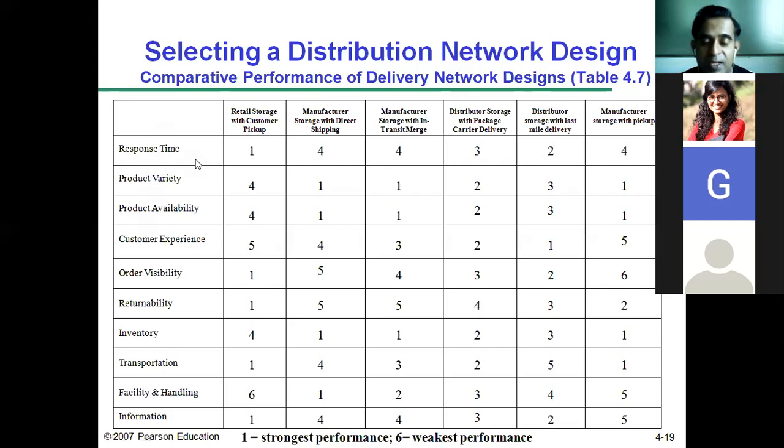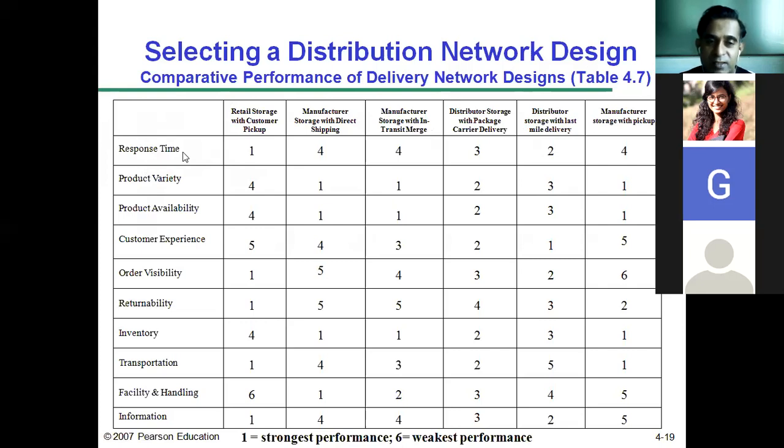What is response time? The time taken by a manufacturer to deliver a customer order is called response time. Say for example, you go to a store, and you make the payment, and instantly the product is handed over to you. So it's instant delivery.